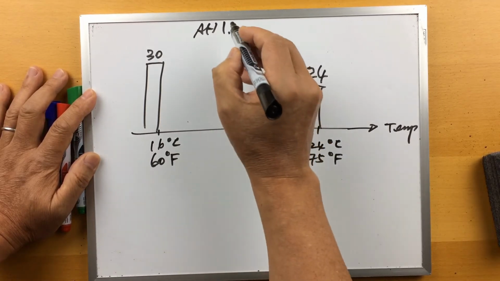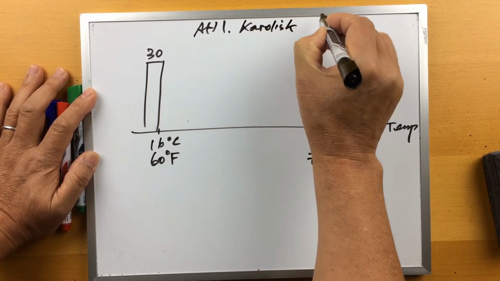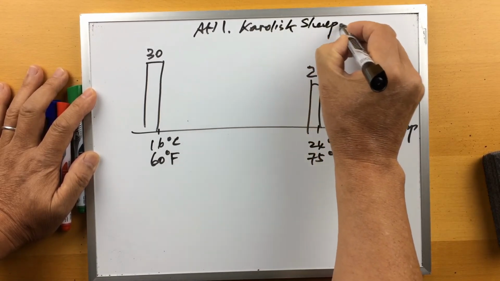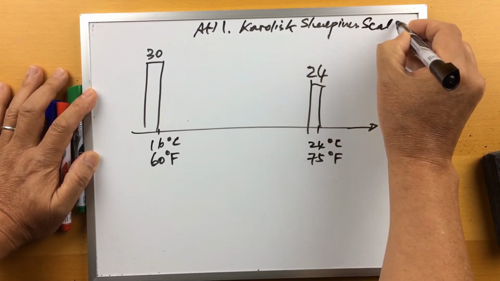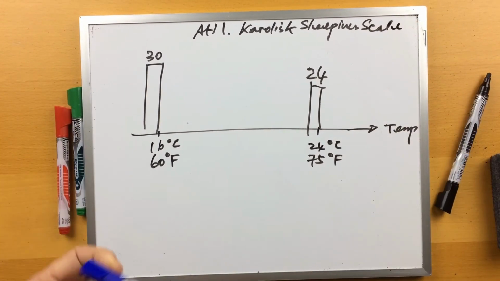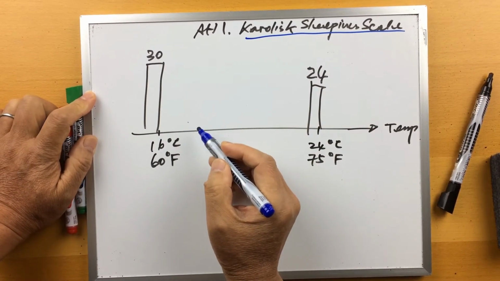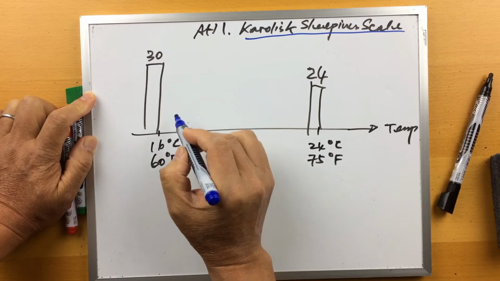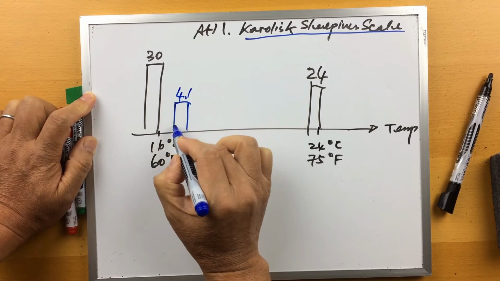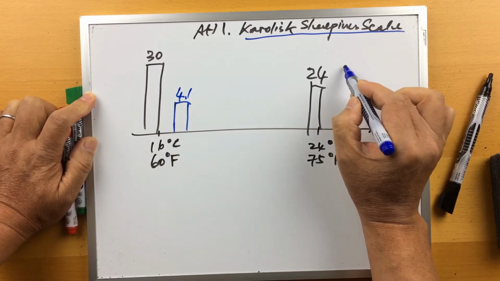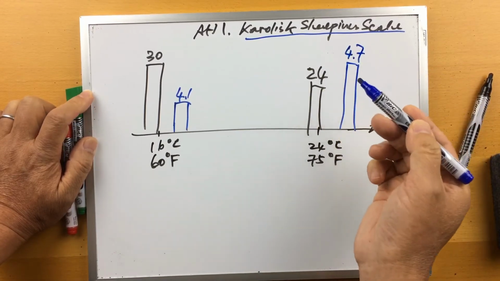However, if you look at the Karolinska sleepiness scale, so let's use the blue pen for the Karolinska sleepiness scale. Here you see this is a 4.1, and here this is a 4.7.